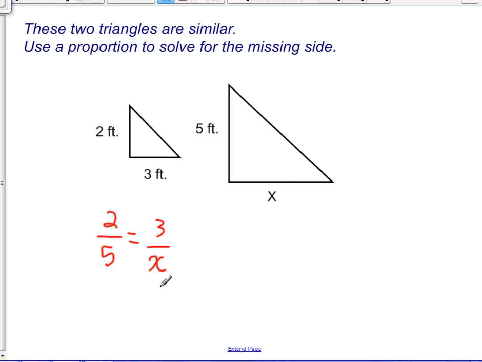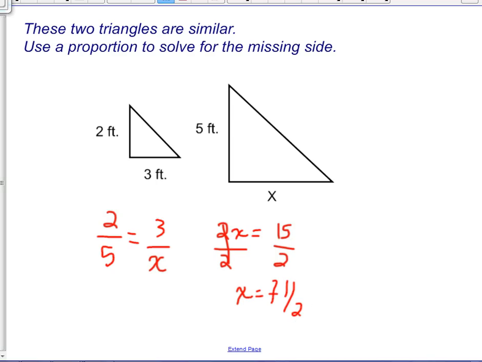Then I can use cross multiplying to solve this problem. So then I'll get 2x equals 5 times 3, which is 15. Divide both sides by 2. X is going to equal 7 and 1/2.